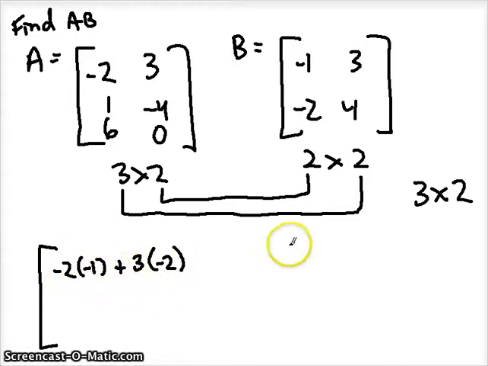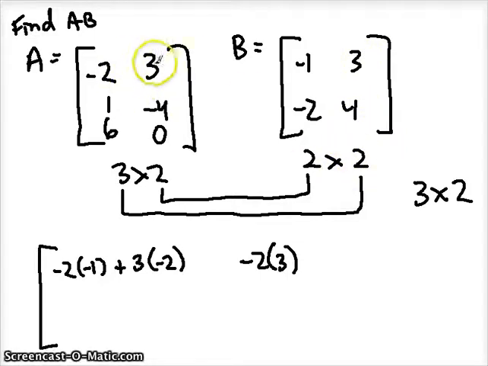So what we need now is we need this spot over here, and that would be the spot referred to by first row, second column. So we know we need to multiply our first row by our second column to get the answer that goes in that spot. So we do -2, first entry in that row, over here times 3, first entry in the second column.